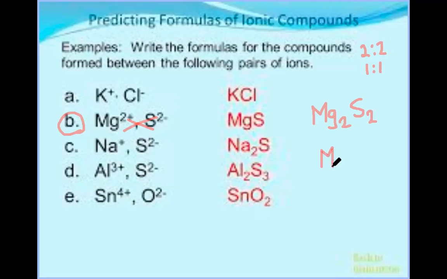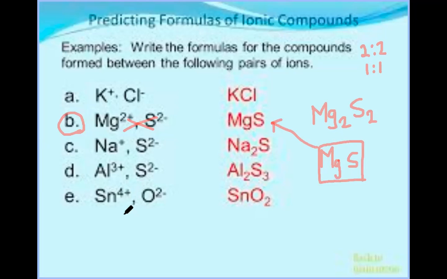So that means just magnesium 1 and the sulfide 1. So you can minimize that. Then already you know when there is a 1, you don't have to write the 1. You can just leave it. See, MgS. I just want to show this particular example because I mentioned it should be in the lowest ratio.